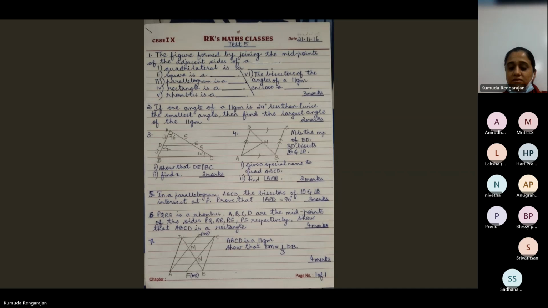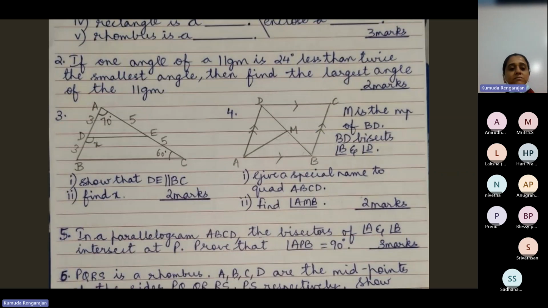Okay, we'll only do the third one. How do you show that DE is parallel to BC? Online students? DE parallel to BC.